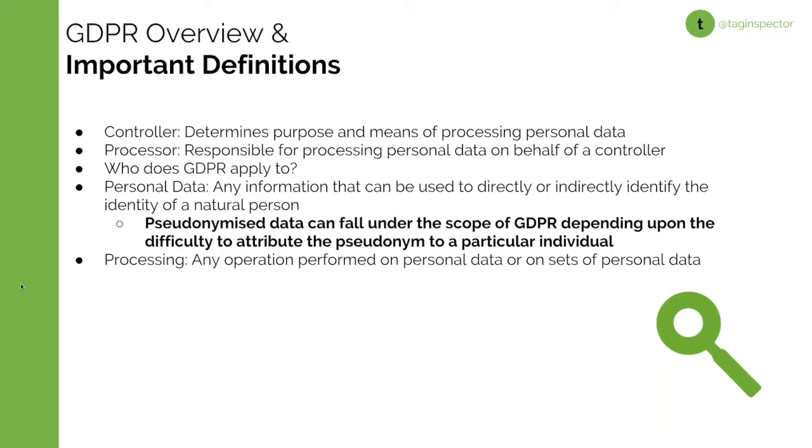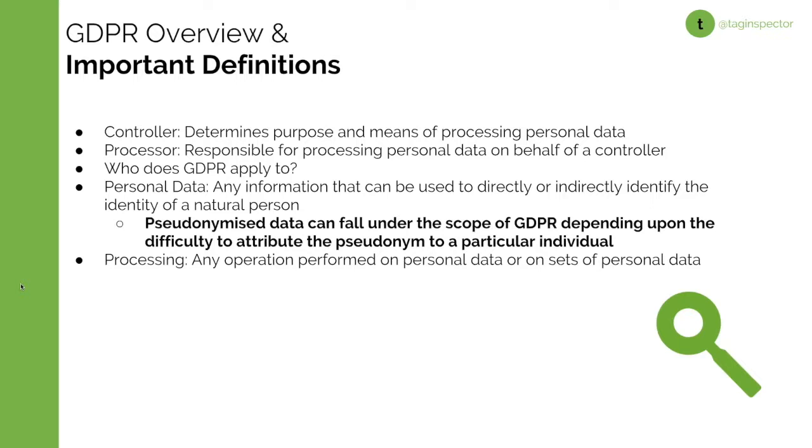A few important definitions, because it does vary a little bit from law to law exactly what's considered personal data and what's covered. For GDPR, controller is one word that comes up quite a bit. The controller is the organization or the individual that determines the purpose and the means of processing personal data. Oftentimes this is going to be the website or the organization itself. And then you have processors, who are responsible for processing personal data on behalf of a controller.